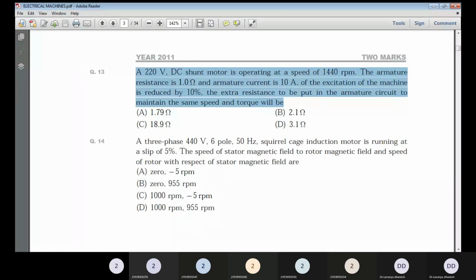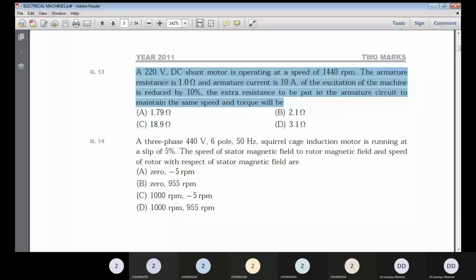So here we have a 220 volt DC shunt motor that is operating at 1440 RPM. The armature resistance is given as 1.0 ohm and the armature current is 10 ampere. The excitation of the machine is reduced by 10%.